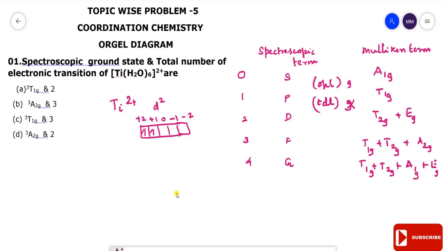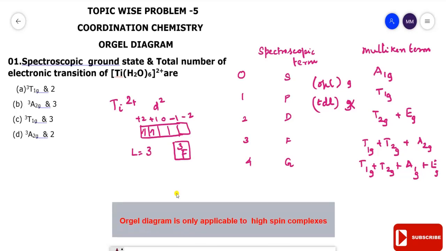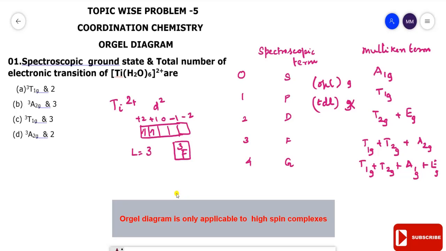The total summation L is equal to 3, so it corresponds to F. So it is 3F, the term is called 3F. For the term symbol, you have to add the J value, which is L plus S to L minus S. So it is the F term.